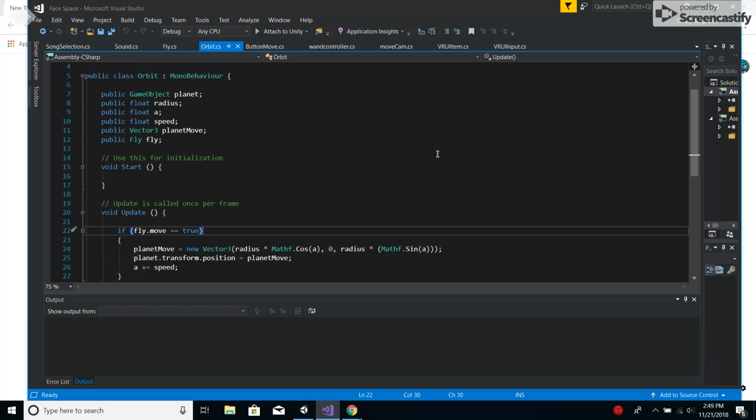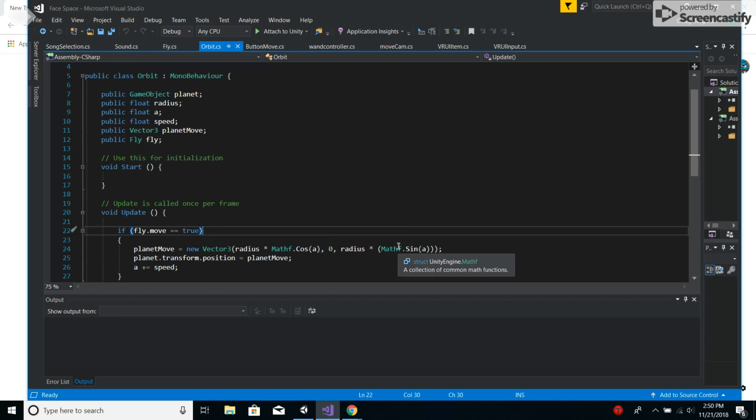Since the y isn't changing, it's just going to be 0. And the z is going to be the radius times the sine of the angle. Depending on what the angle is, it's just going to keep on being those functions as it goes around and around and around.